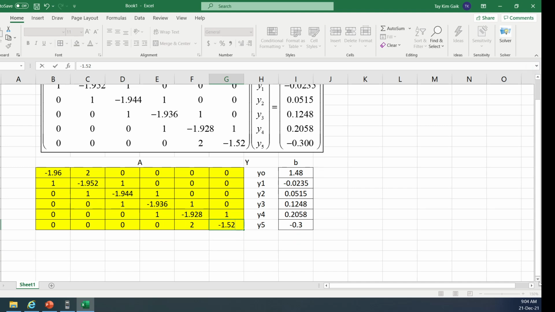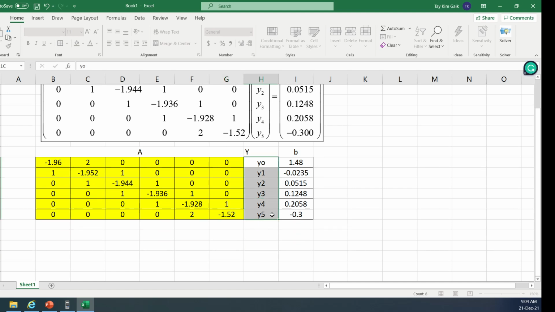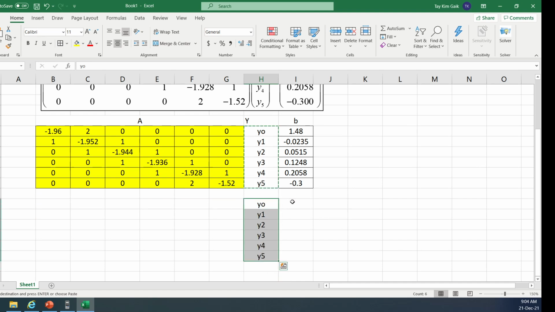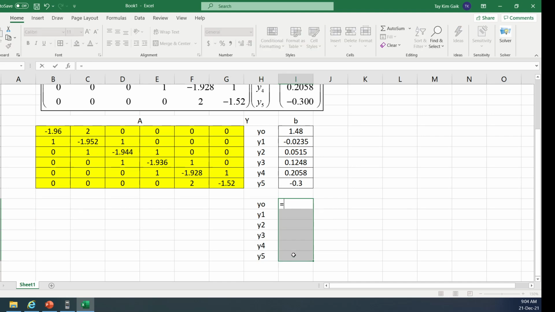Now let's try to solve, to see whether we can obtain the solution using the inverse matrix method in Excel. The result is a 6 by 1 vector, so make sure you select a 6 by 1 range. And then MMULT to multiply two matrices.